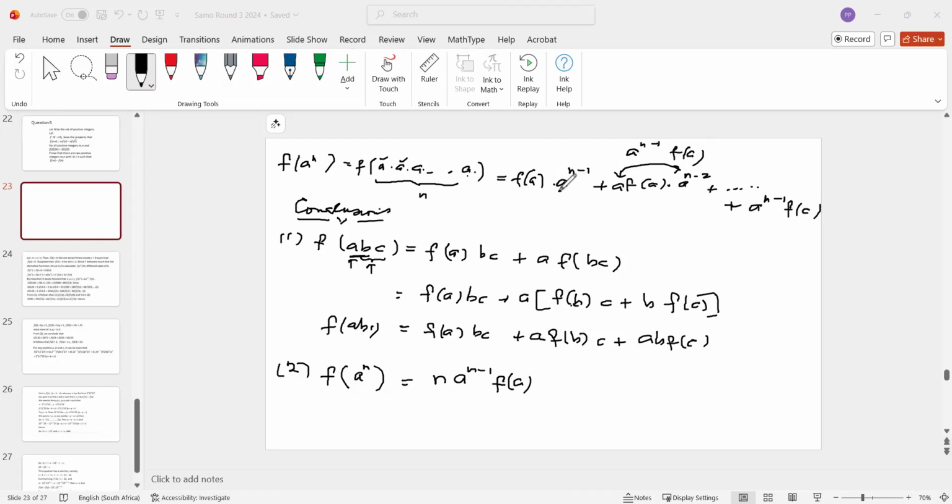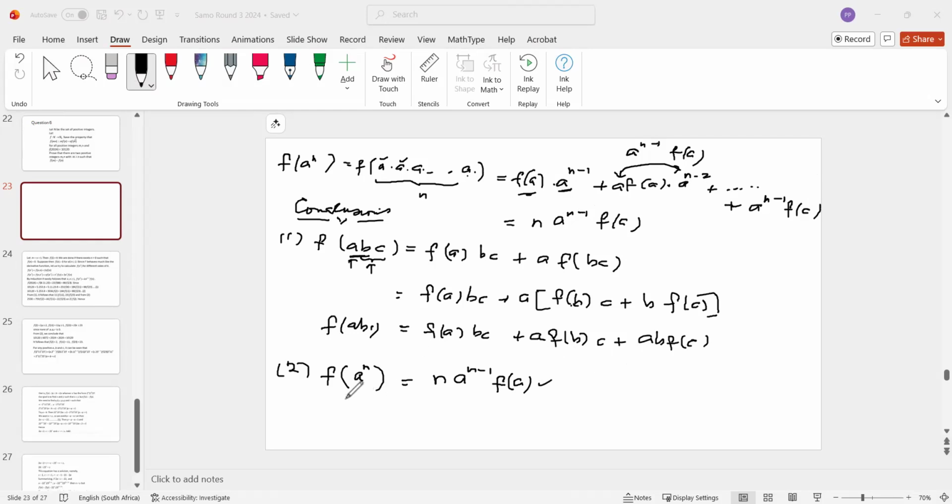So I've got a to the n minus 1 times f of a. Here I've got a to the n minus 1 times f of a. And here I also have a to the n minus 1 f of a. And the n of these, right? So therefore, this is n times a to the n minus 1 f of a. And this is exactly what we've got here.